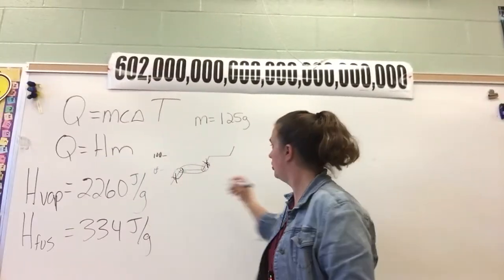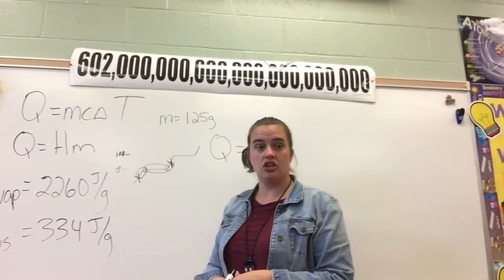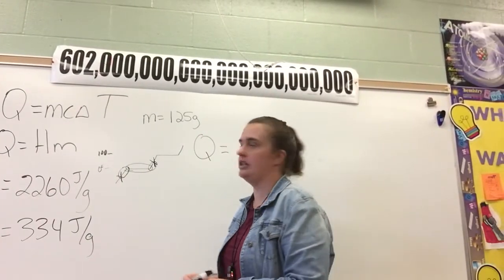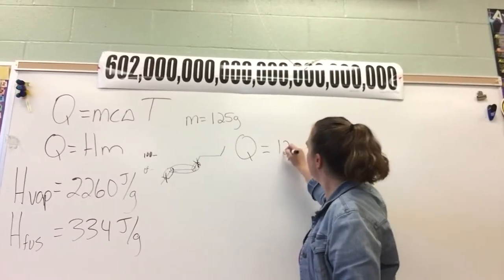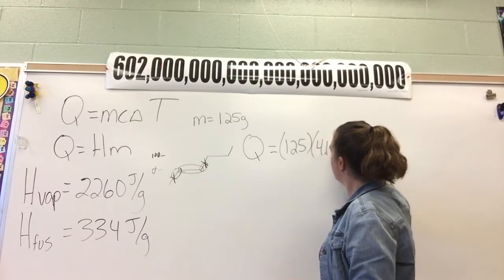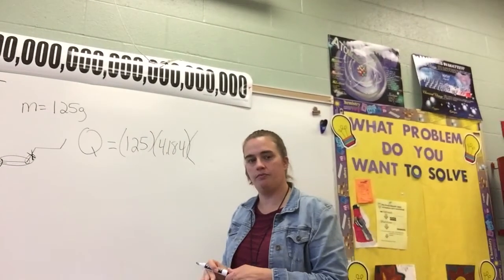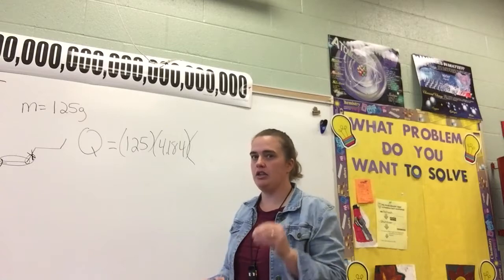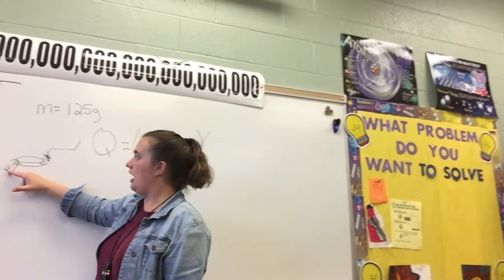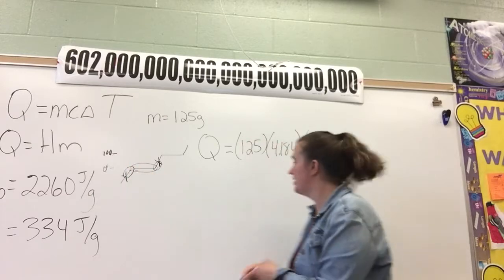So my first Q, I have a temperature change there, so I can use Q equals MC delta T. My mass is 125 times the specific heat of water, 4.184, times my temperature change. Now here's the thing you need to remember. I'm going from here to here on this segment. So this one is 0 degrees Celsius.